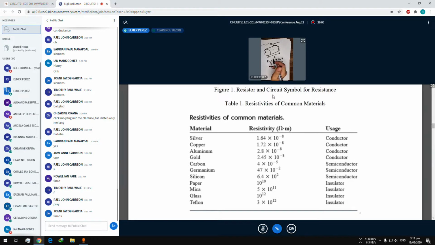So the best conductor in terms of resistivity is silver. When the resistivity is low, it means it's a good conductor. When the resistivity is high, it means it's not a good conductor; it's an insulator. So as much as possible, for our conductors we lower the resistance.